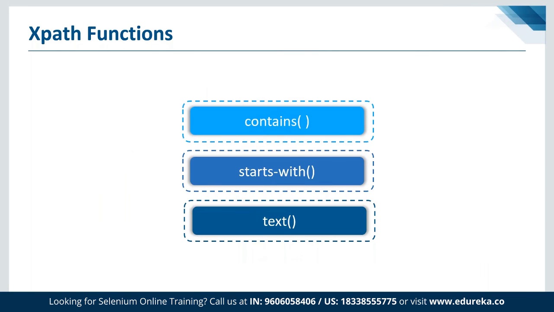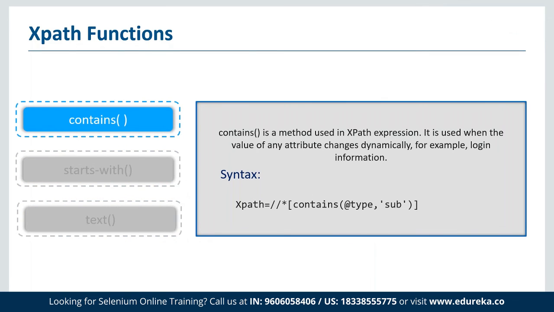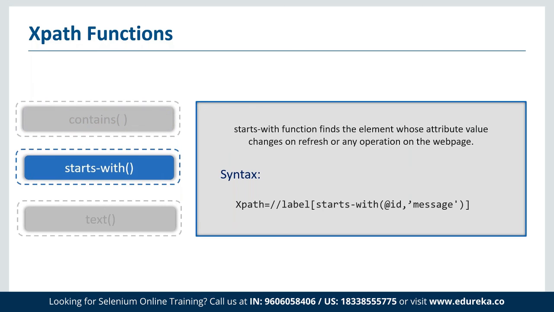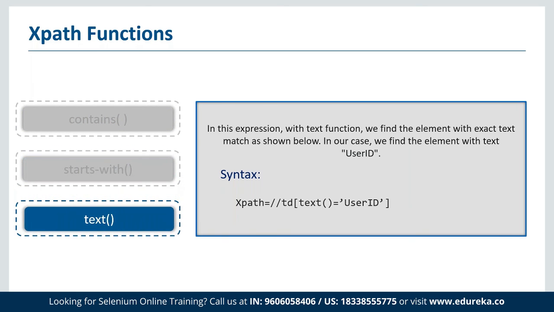XPath has three functions: contains, starts-with, text. Contains is a method used in XPath when the value of an attribute changes dynamically, for example login information. Second is starts-with, how your XPath or label starts with. Third is how XPath will be used to pick a particular text.